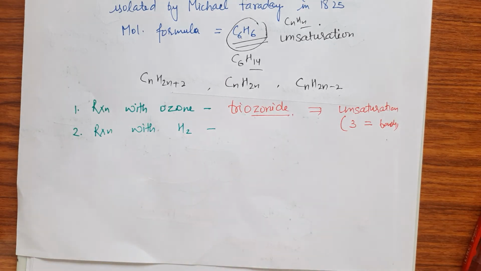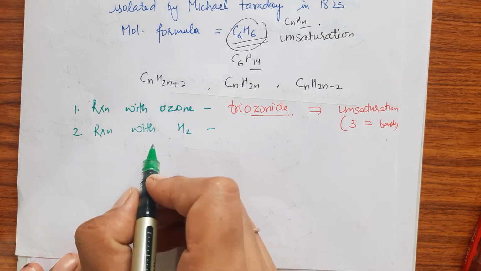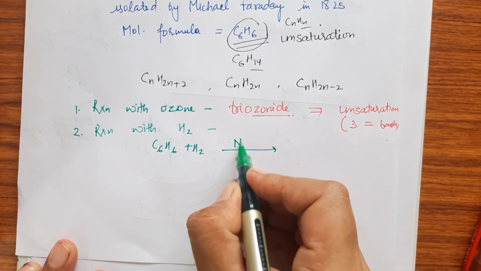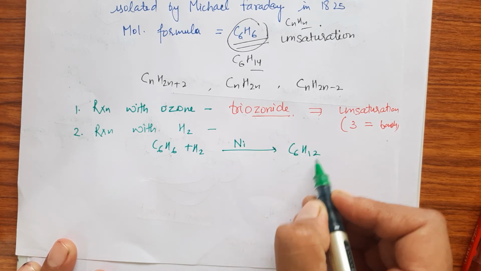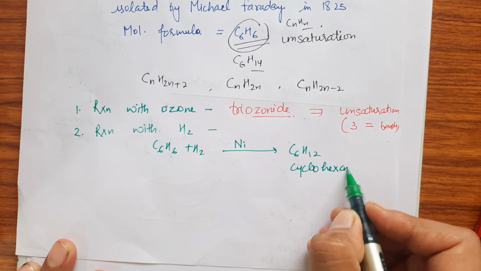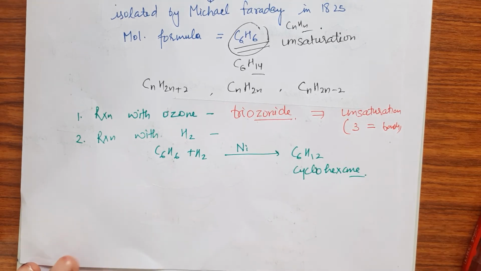When we do the reaction with hydrogen in the presence of nickel or platinum as a catalyst, it shows the formation of cyclohexane, right? It shows the presence of unsaturation in the compound.